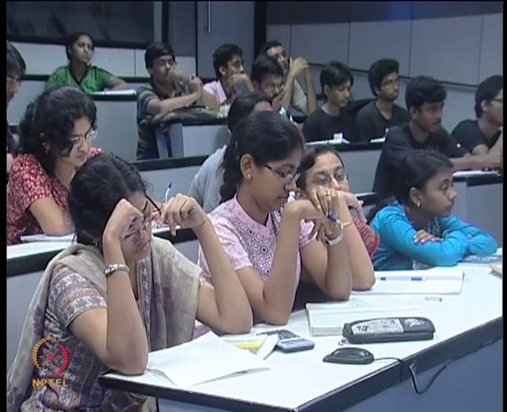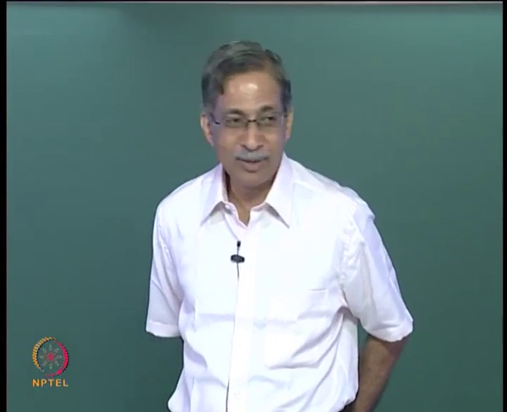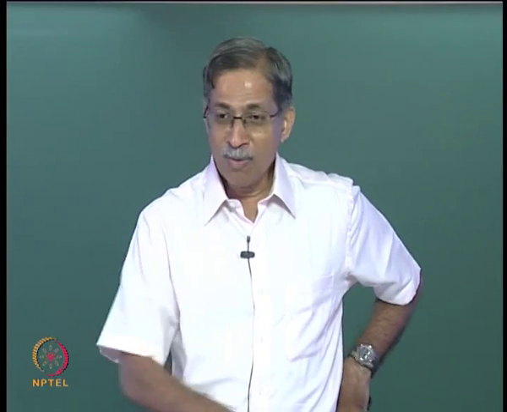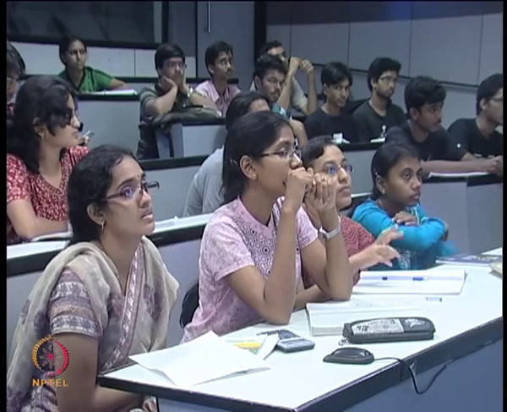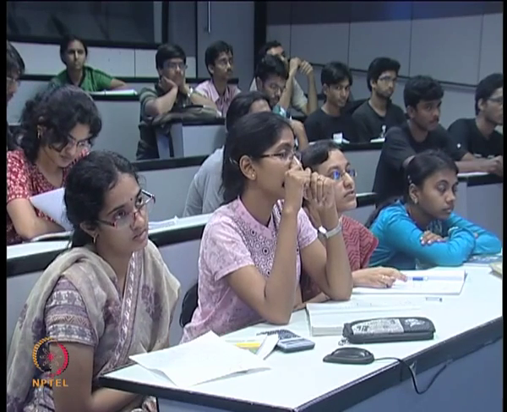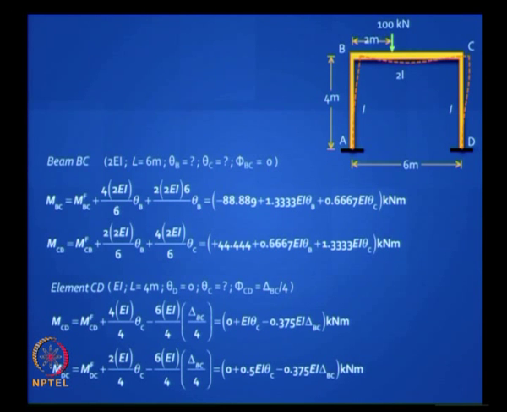The clue is you have to write it in terms of these moments. How will you write it? MAB equal to MB. And difference in the, you tell me, this is your structure, tell me what to do. Vertical reaction.